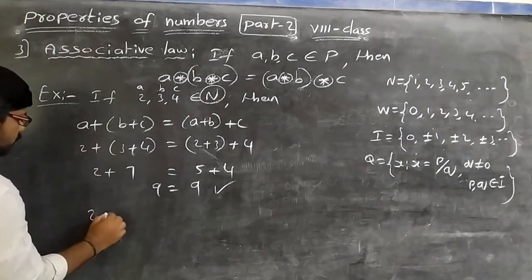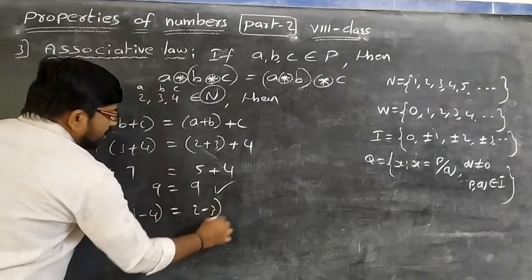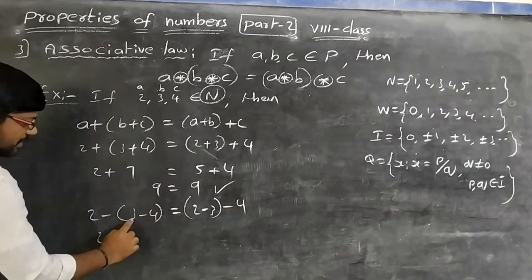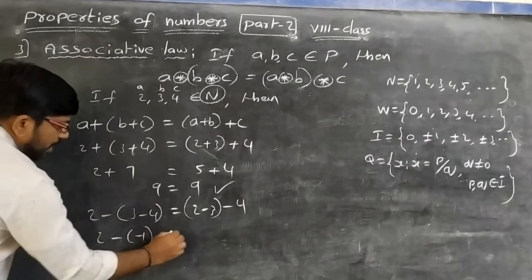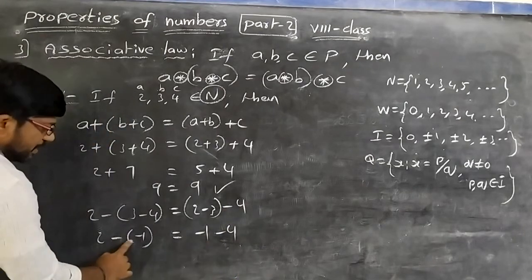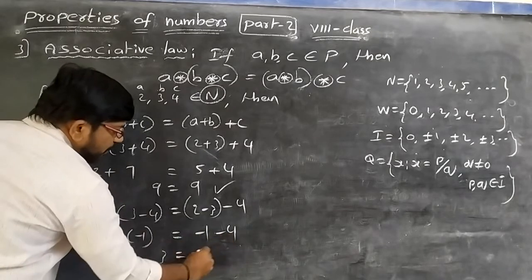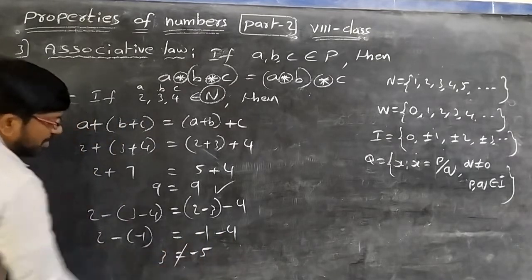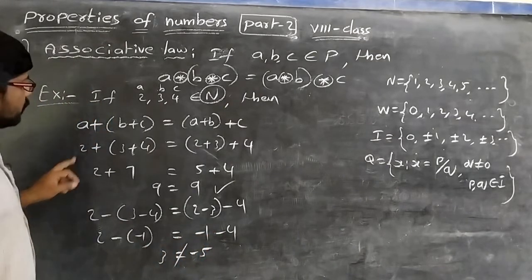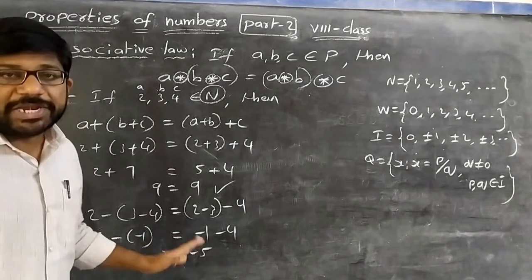First simplify the bracket: 3 minus 4 is minus 1, so 2 minus (minus 1) is 2 plus 1, which is 3. On the other side, 2 minus 3 is minus 1, minus 4 is minus 5. Are they equal? They are not equal. So it does not satisfy. Under addition it satisfies, but under subtraction it does not satisfy.